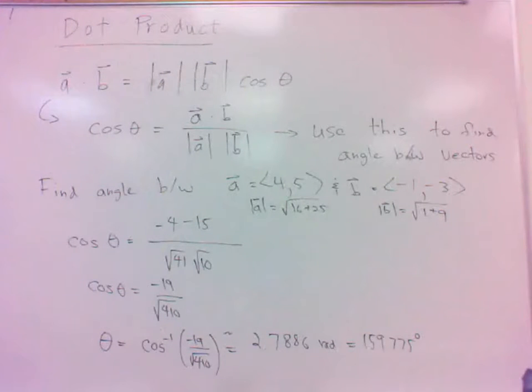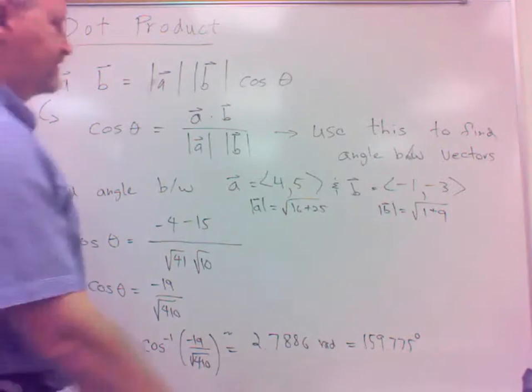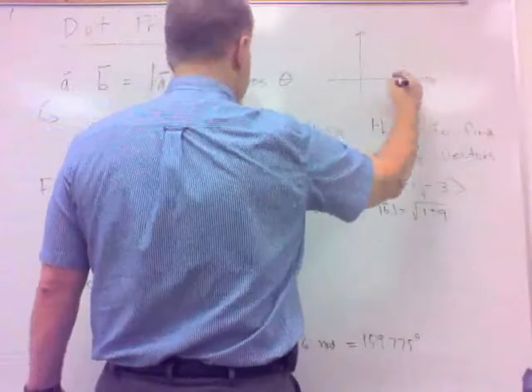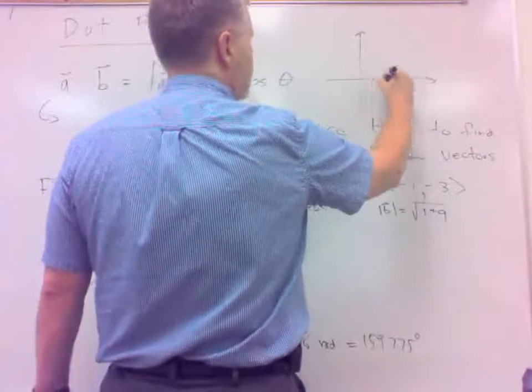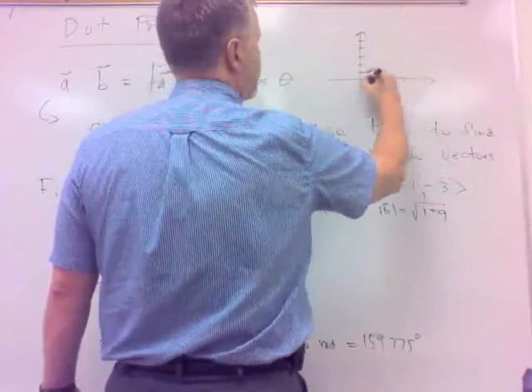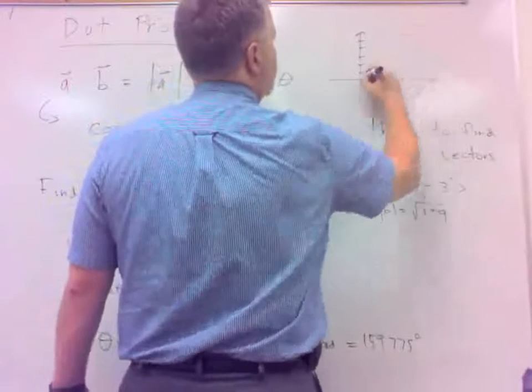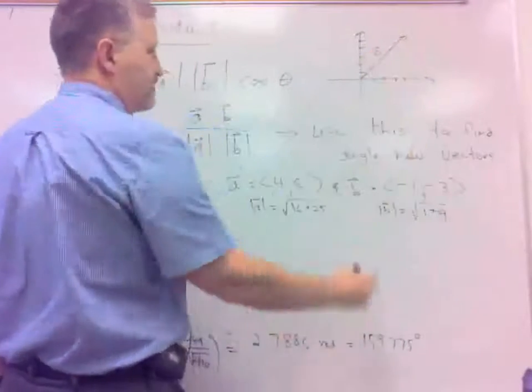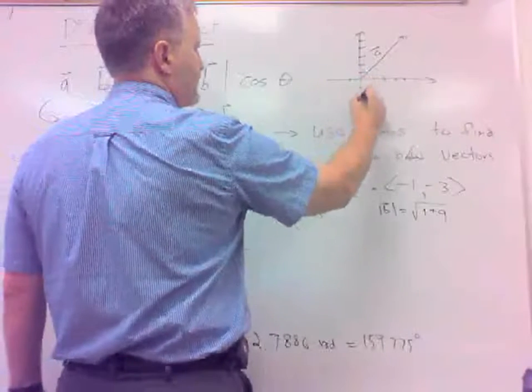Yeah. And just to make sure we're on the right track here, if we look at these vectors, 4, 5 would be right there. That'd be A. And B is -1, -3.